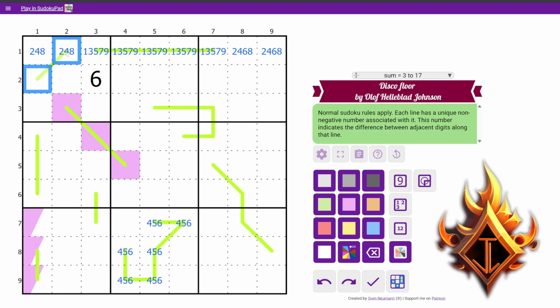If it was 5, it would have to be 4, 9. If a 9 went there, it'd probably be okay. If this one is 4, then it's 1, 5, 9. Would that be okay?